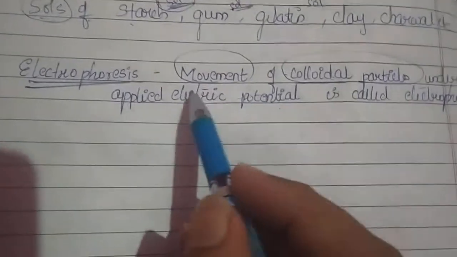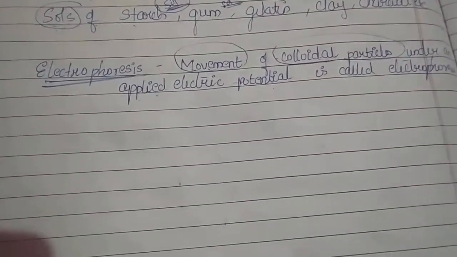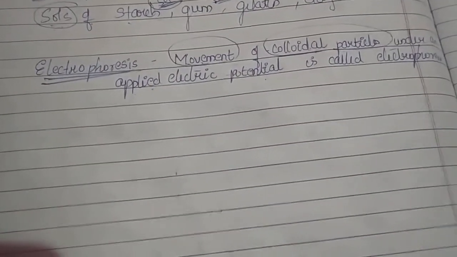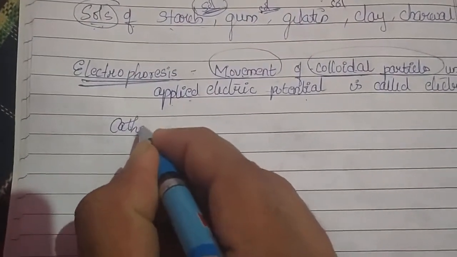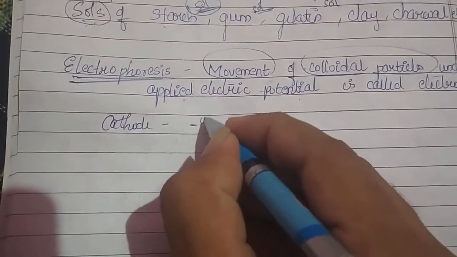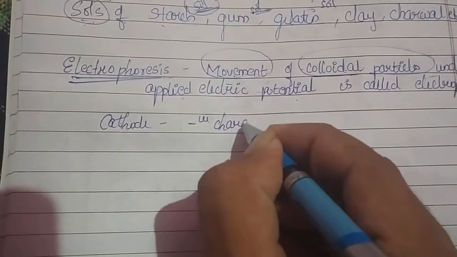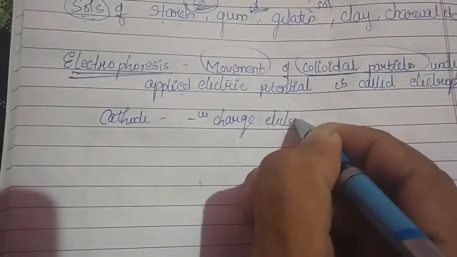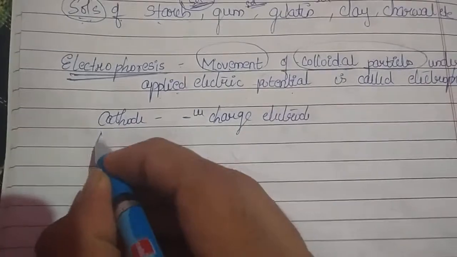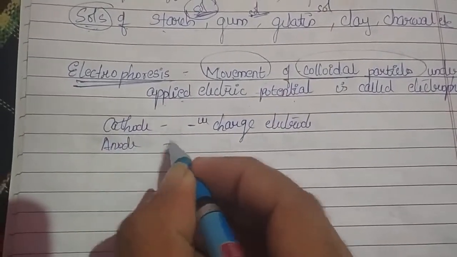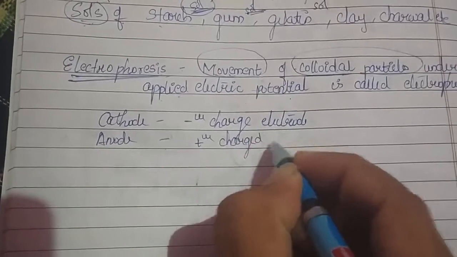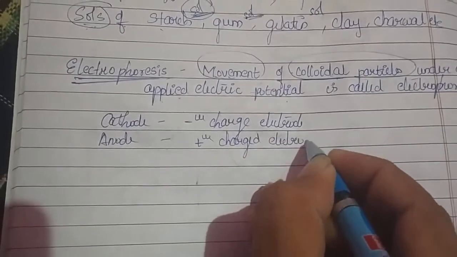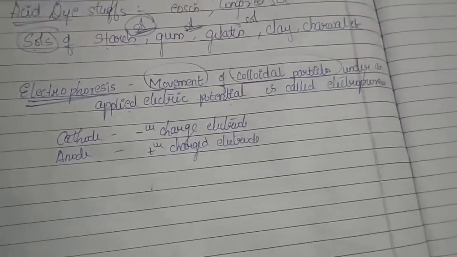Do remember, whenever we use an electric potential, of course we need two electrodes: a cathode, which is a negatively charged electrode, and similarly an anode, which is a positively charged electrode.